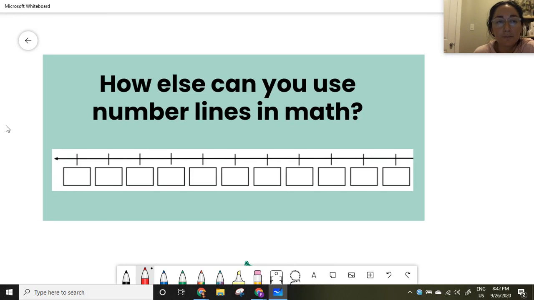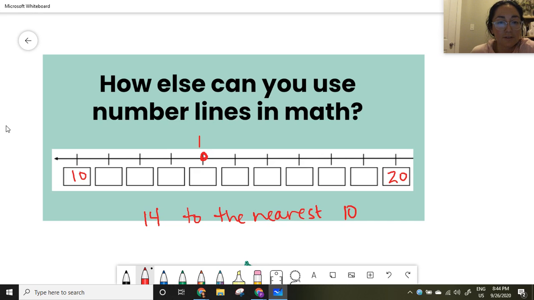Another way you can use a number line is for rounding. If this is the number 10 and this is the number 20, and I have the number 14, and I need to know how to round 14 to the nearest 10, then what I'm going to do first is find out where 14 is on my number line. This is 10, 11, 12, 13, 14.